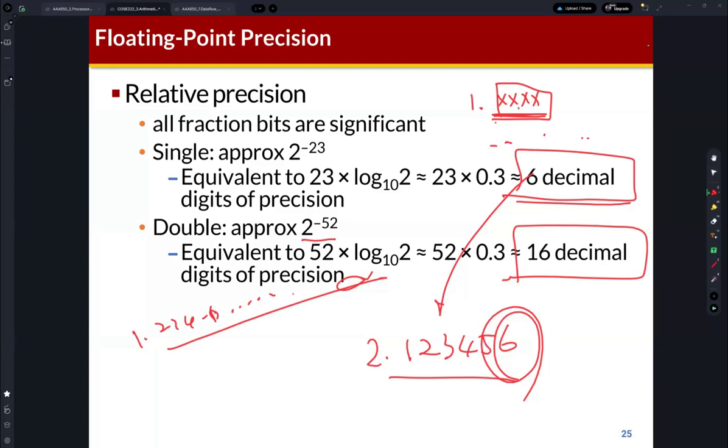It's the same for binary numbers. But you can understand that single precision is similar to 6 decimal digits of precision, and with double precision floating point numbers, it's equivalent to 16 decimal digits of precision. Okay, it's just a limitation.